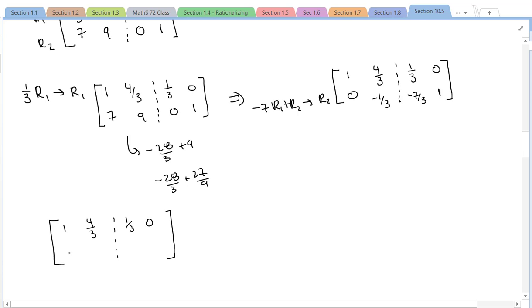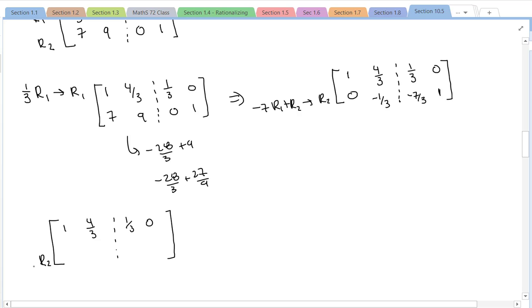Now we want to turn the second row, second column entry into a positive 1. Right now I have a -1/3, so we want to turn that into a positive 1. Let's multiply it by -3.